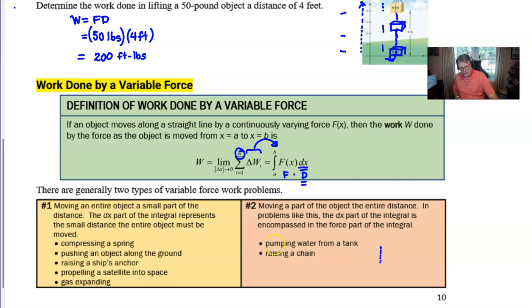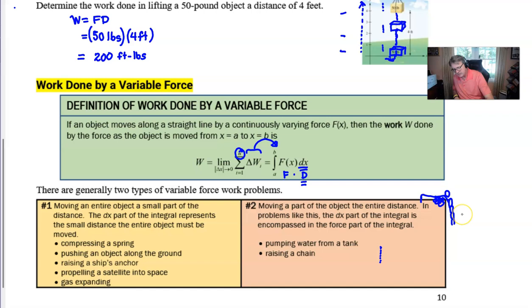For example, when you're raising a chain, right? Say you've got this chain with these links and it's fully extended. And let's say that you've got a person on the top of the box right here. That's where he would be, right? Reaching out his arm, and he's going to lift that chain up. Well, as this person lifts that chain up, the links of the chain are going to rest next to him or her as the chain gets shorter.